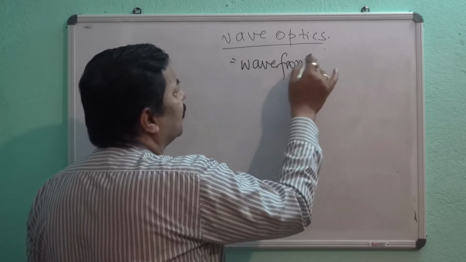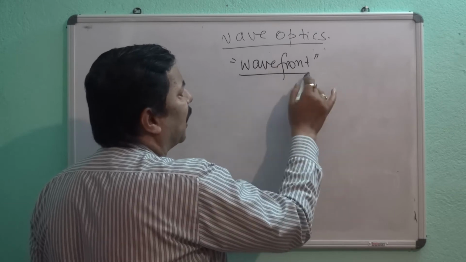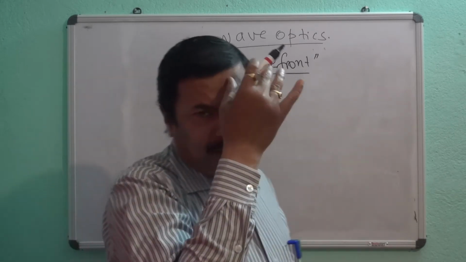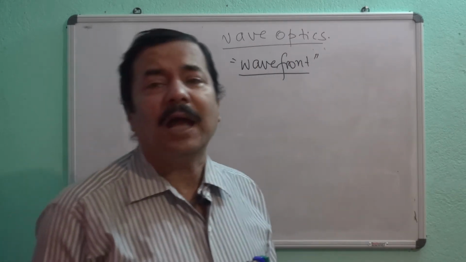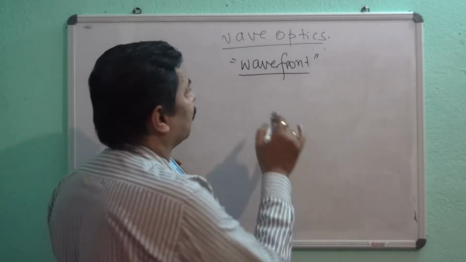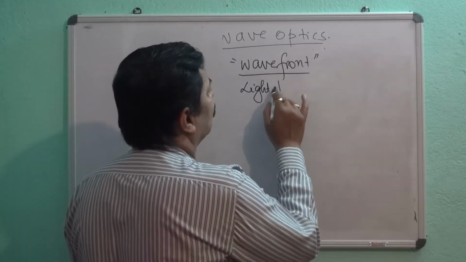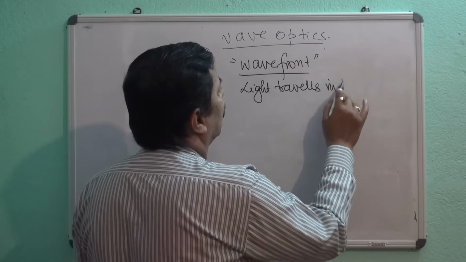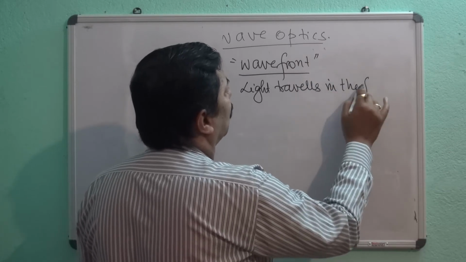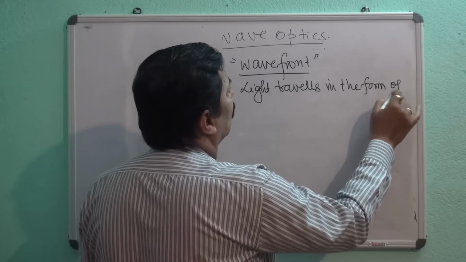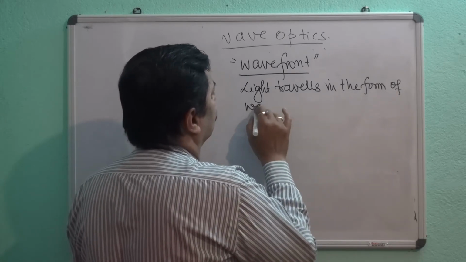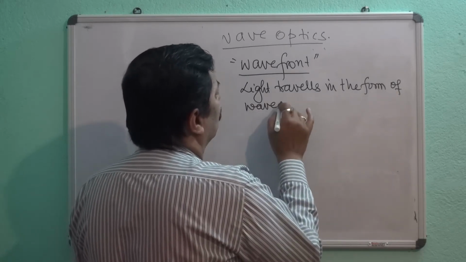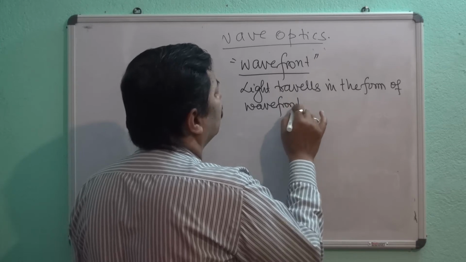Light travels in this wavefront. The name was given by Huygens. Huygens gave the name wavefront. So light travels in the form of wavefront.